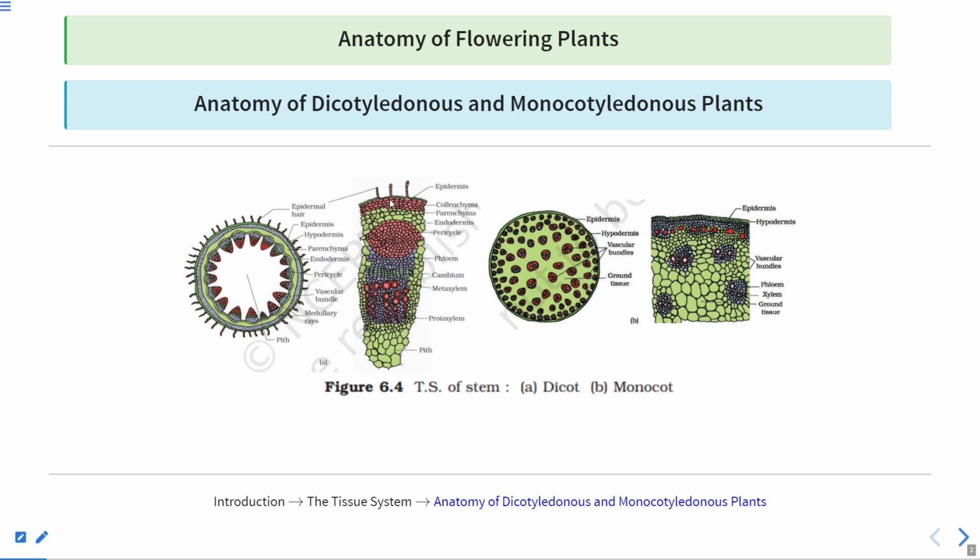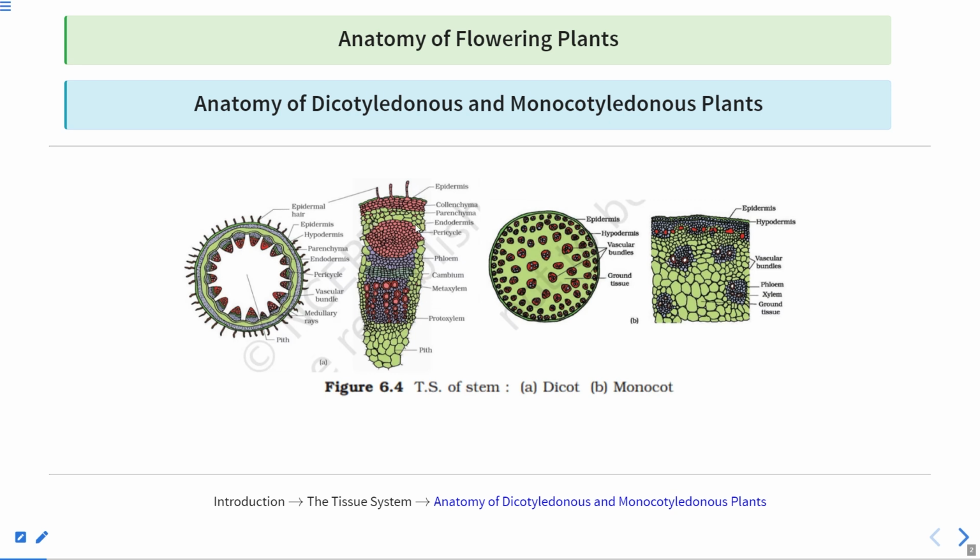Now below the epidermis layer, there are layers of collenchyma cells, 4-5 layers of collenchyma cells. And below this collenchyma, there are parenchyma cells, and in between the parenchyma, as you all know, there are intercellular spaces.